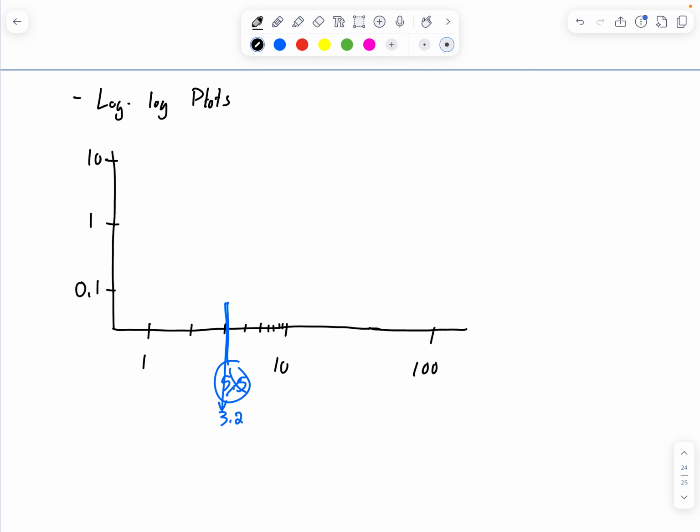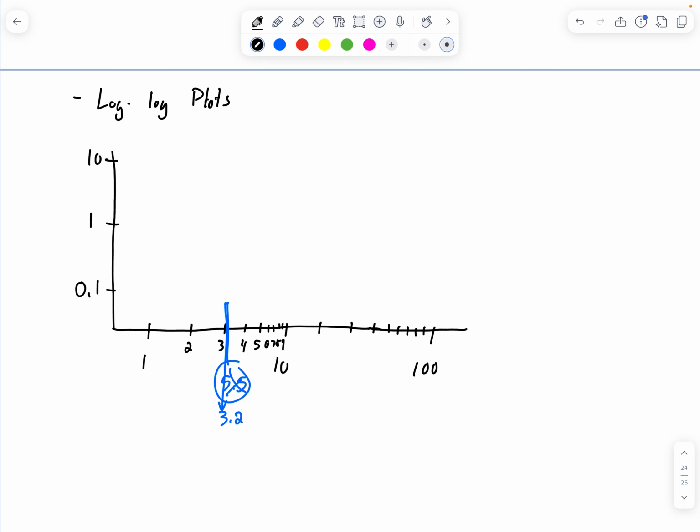And so we have to remember that these scales are uneven in between the major ticks as well. So 1, 2, 3, 4, 5, 6, 7, 8, 9, and 10. And so, for example, we might extend this out here. So we have 20, 30, 40, 50, 60, 70, 80, 90, 100.